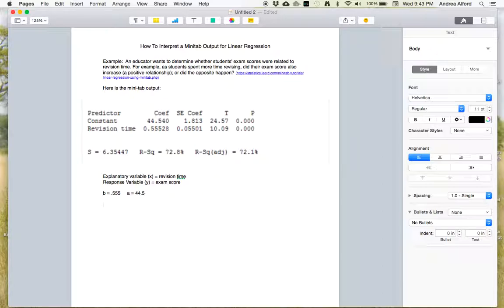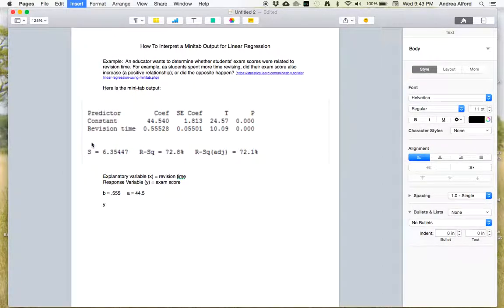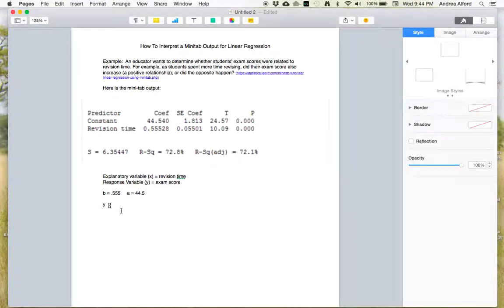The equation is y. Now remember, I need a caret over this, so I'm going to insert a MathType equation, and I need a y hat here. So I'm going to put y, and if I come up right here, I just find the little one with a caret over it. I've got y hat. I'm going to cut and paste this. Okay, put this in here.